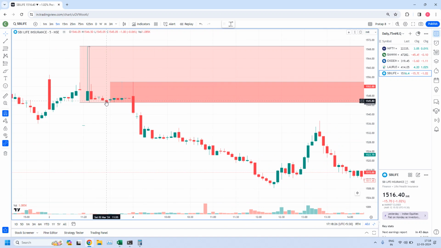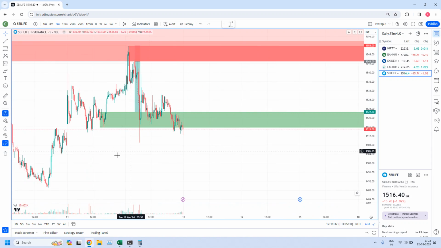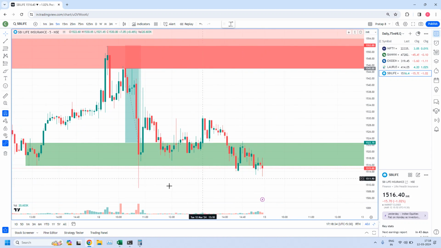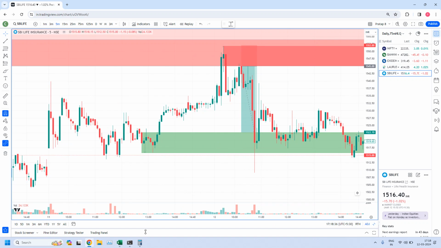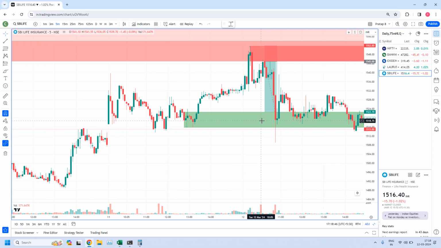Low of this candle, 1545.05. Perfect. So 6.7 risk you have to take. Is it acceptable risk?